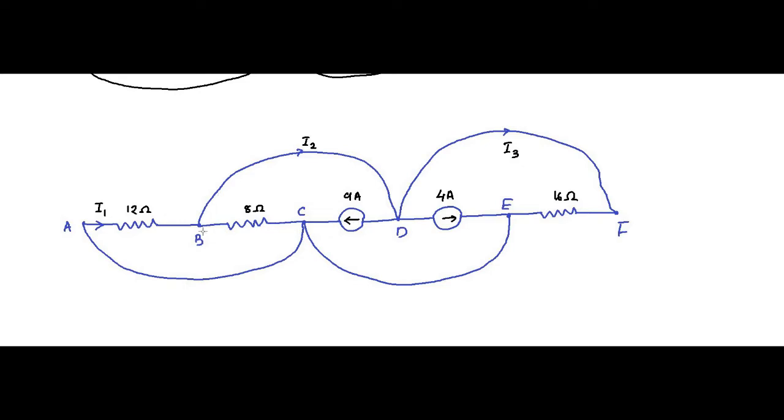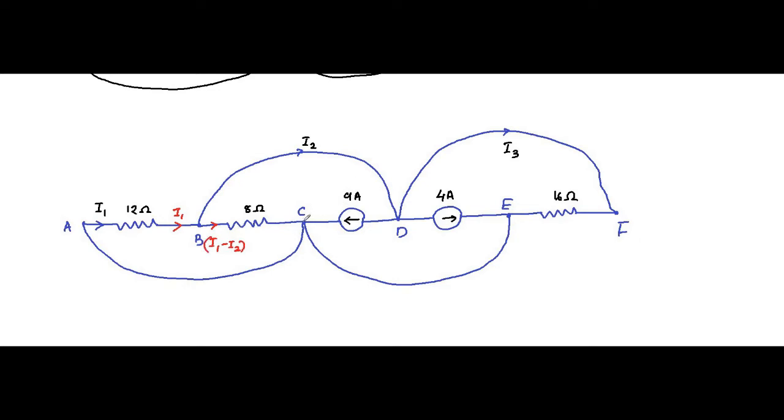At node B, current I1 is flowing, I2 has gone away, so this current will obviously be I1 minus I2.